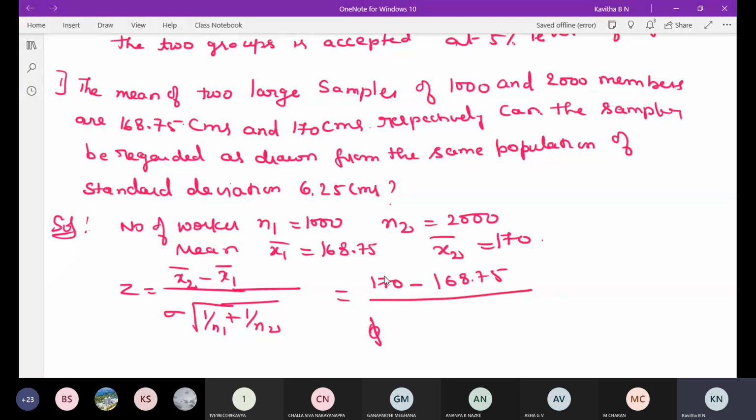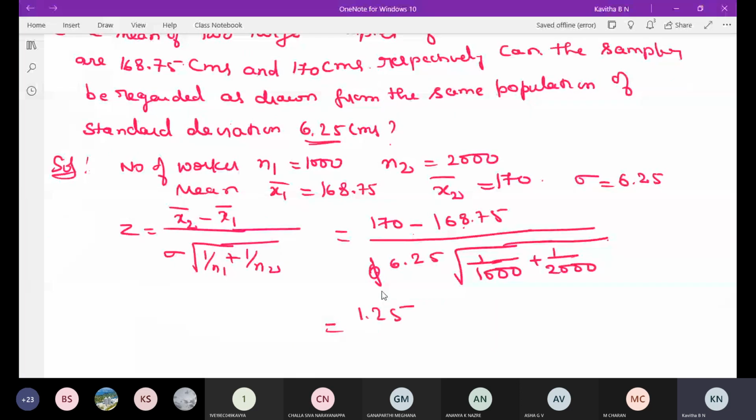Then square root of 1 over 1000 plus 1 over 2000. Next is 170 minus 168.75, we are writing 1.25 whole divided by 6.25 square root of 1 over 1000 plus 1 over 2000.